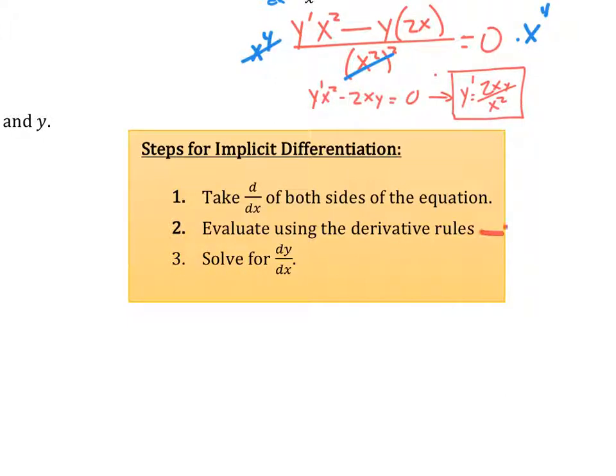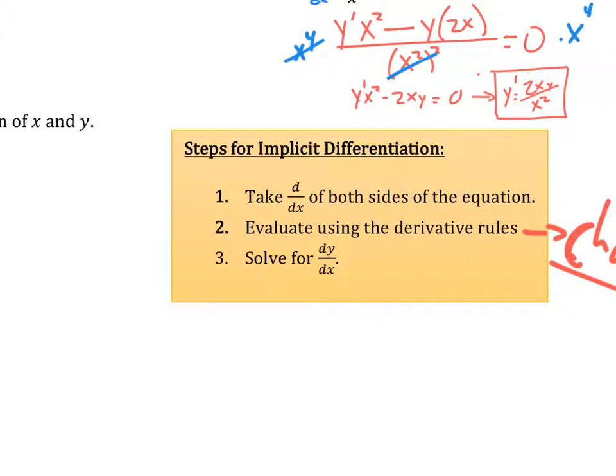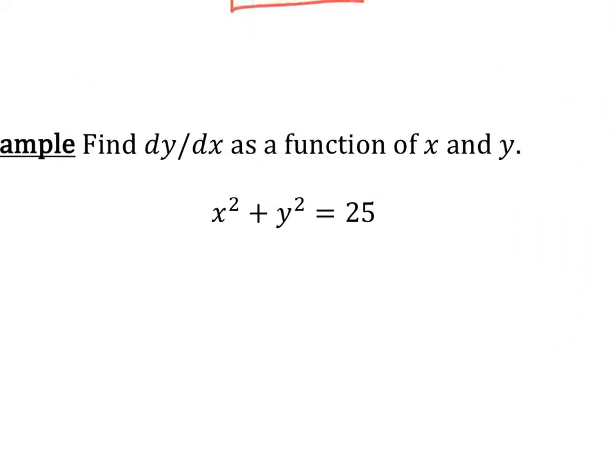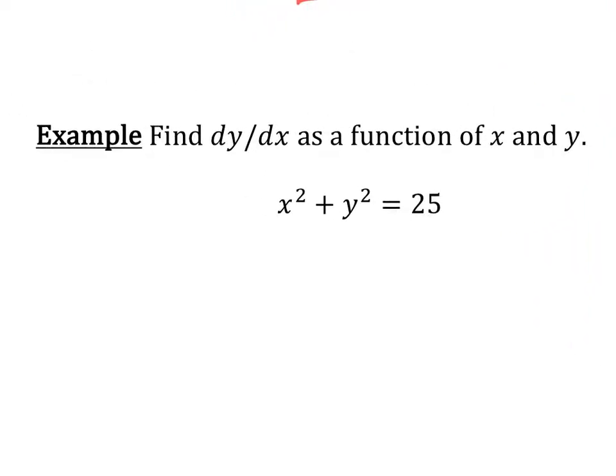Don't forget the chain rule. Every time you're taking the derivative of y, or anything involving y, you're really doing the chain rule. And last but not least, we want to solve for dy dx or y prime. Remember, y prime is the same as dy dx. We use those interchangeably because they mean the same thing.